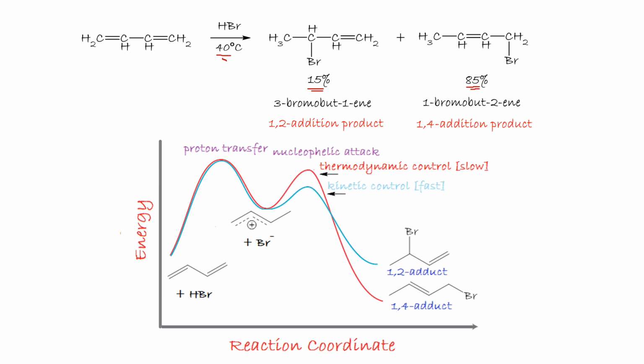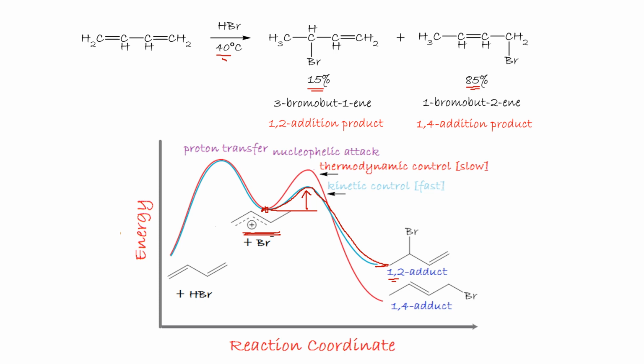Getting to this step, the formation of the resonance-stabilized carbocations, at a low temperature the activation energy needed to form the 1,2 product is small, and that's why we get more yield of 1,2.